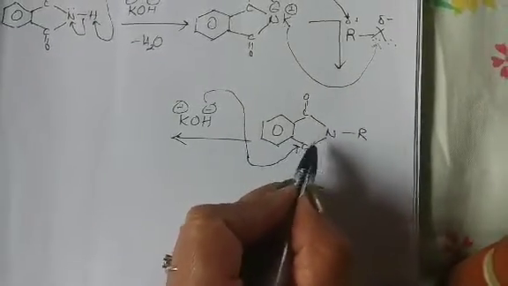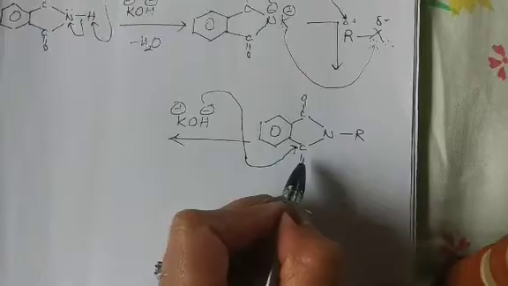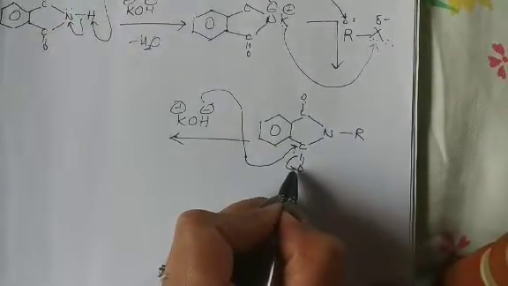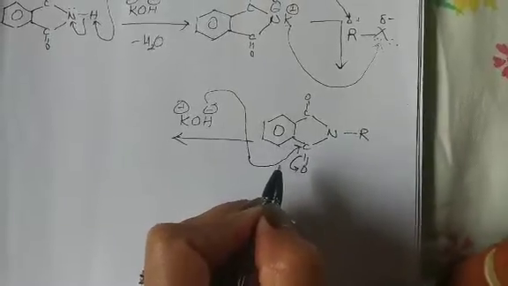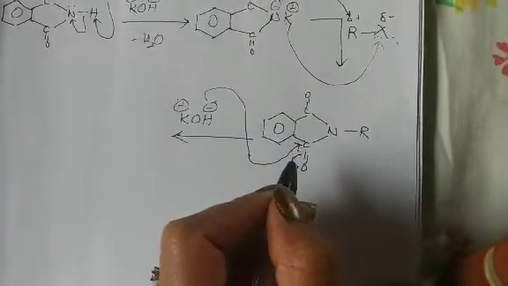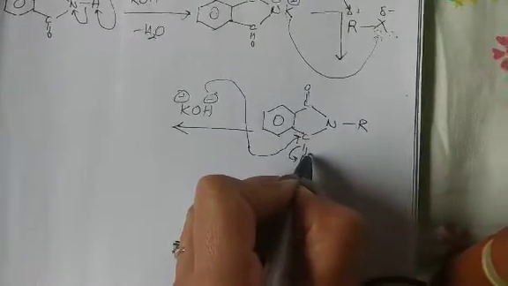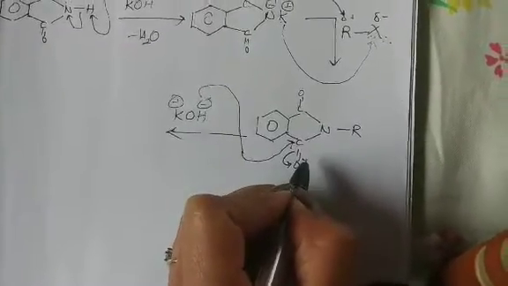Since carbon is already tetravalent, it cannot form five bonds, therefore the bonding electrons go and add up to this oxygen. However, back bonding occurs in the oxygen atom.